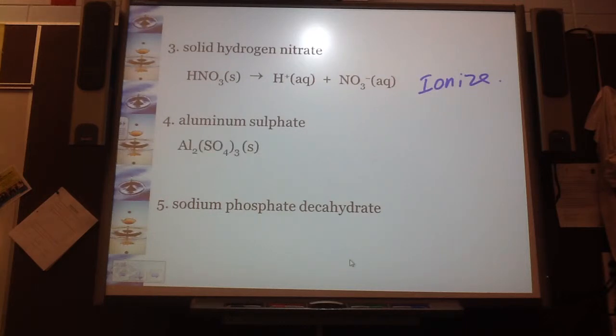So next, aluminum sulfate. Find it on your solubility chart. Will it be slightly soluble, or will it be soluble and dissolve?